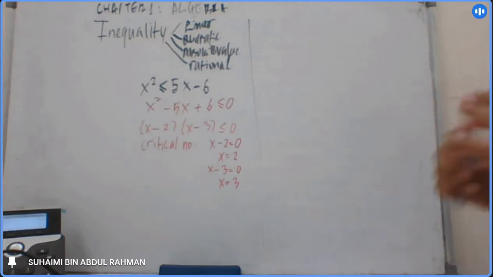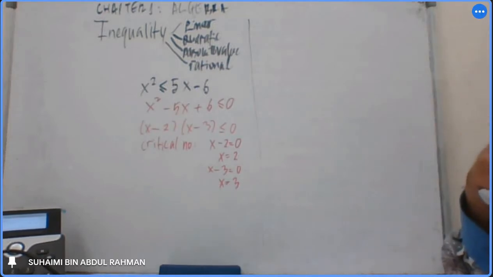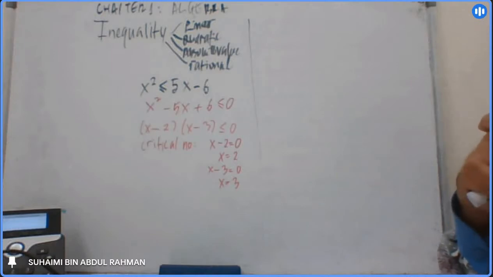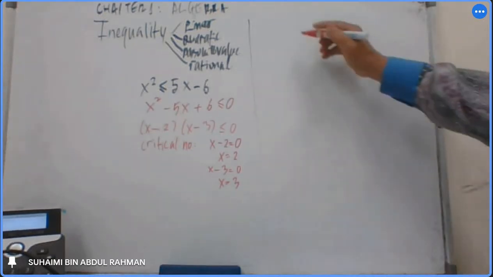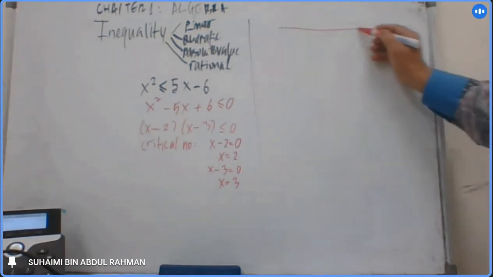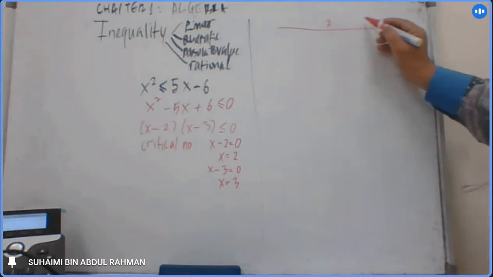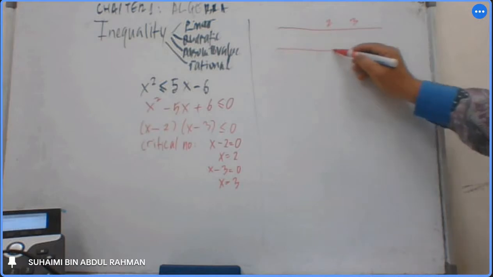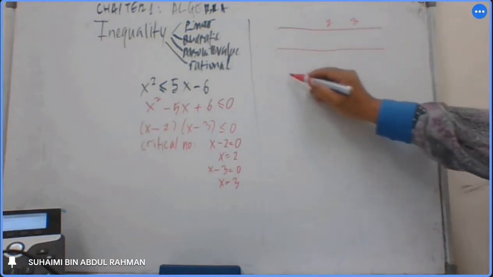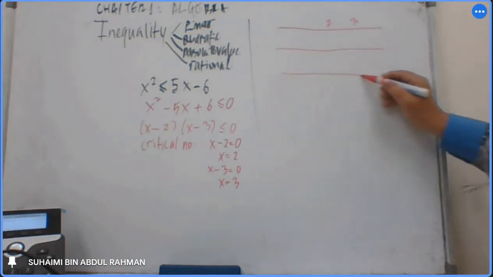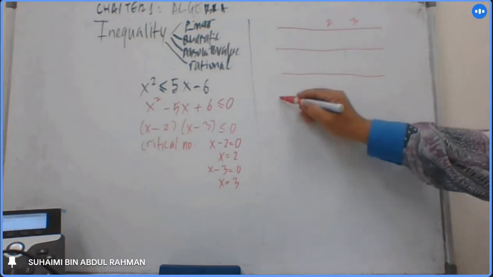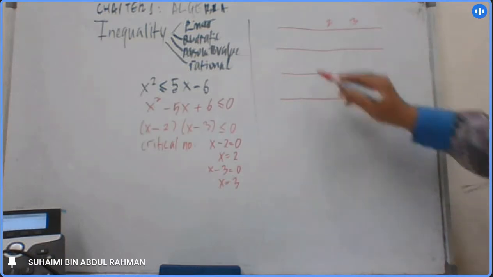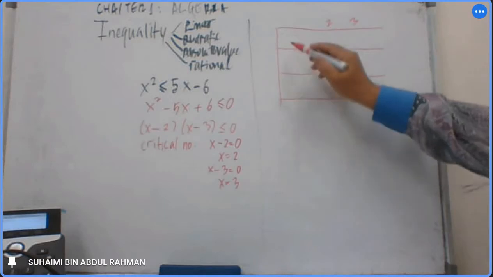Now we sketch the sign diagram with critical numbers 2 and 3. In the sign diagram, we want to test for x minus 2, test for x minus 3, and find the resulting sign.